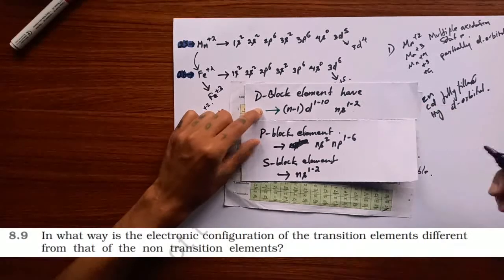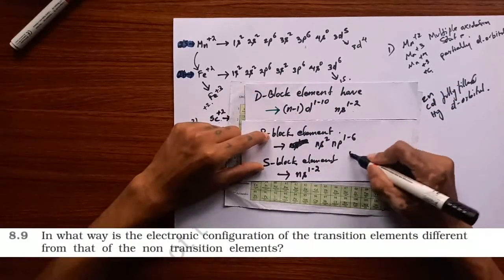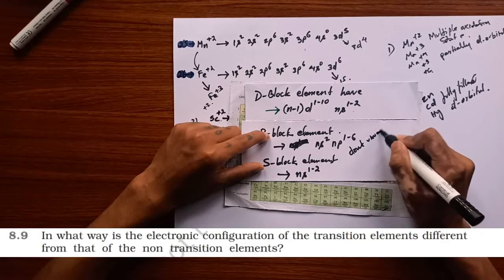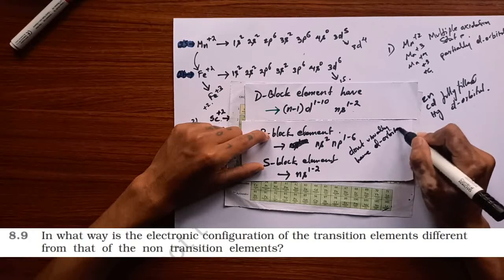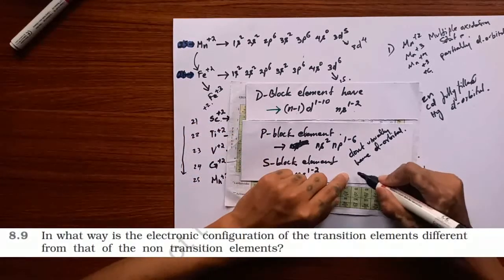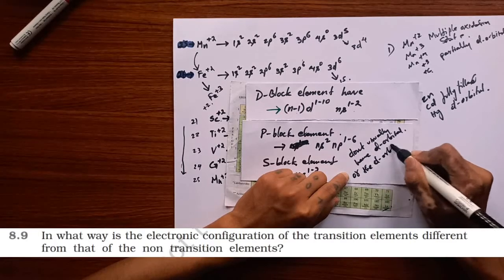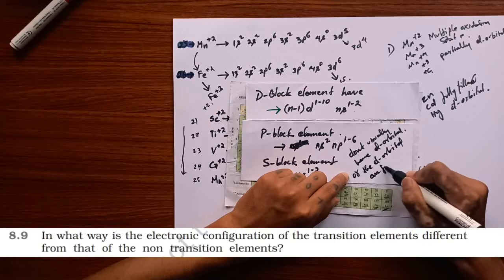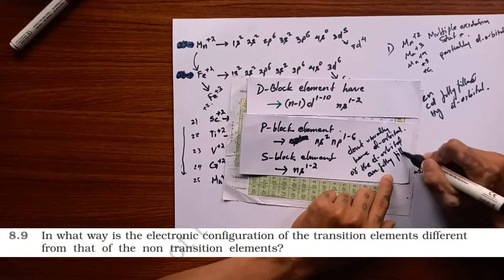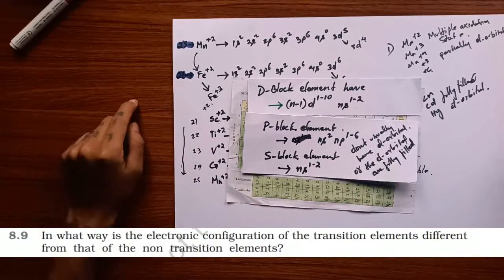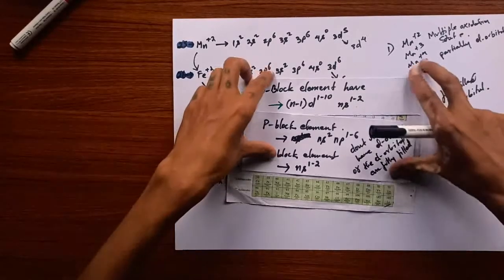So let me write down here, the other blocks like p and s block don't usually have d orbitals, or even if they have, the d orbitals are fully filled. Those are the differences between the electronic configuration of the transition elements and the other non-transition elements.